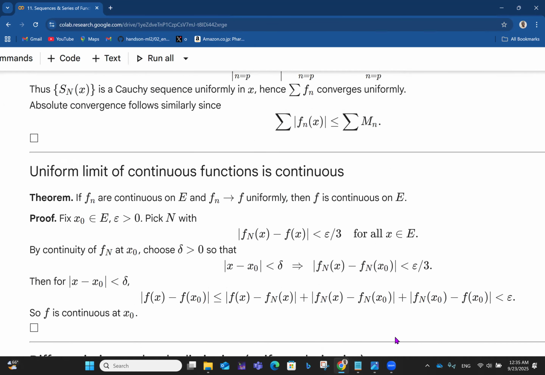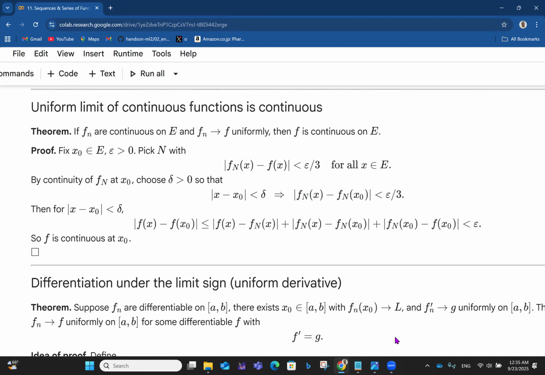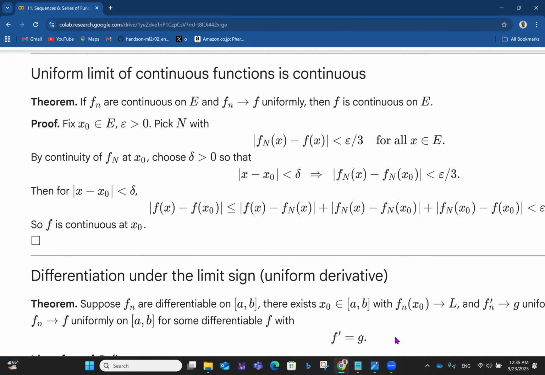Okay, and that takes us to the idea of the uniform limit of continuous functions. The uniform limit of continuous functions is continuous. So if you take continuous functions and you take their uniform limit, then that limit is also going to be continuous.